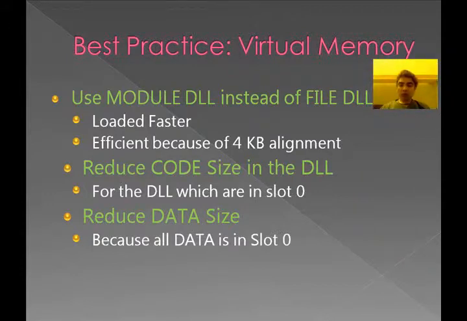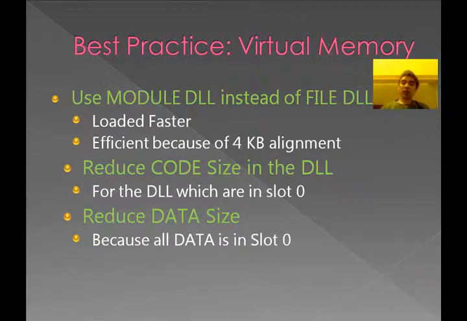DLLs which are in slot 0, reduce the code size for the DLL, and the data size you also need to reduce for all, because all the data is in slot 0. As you know, the DLLs which are in slot 0 have their code and data size together.